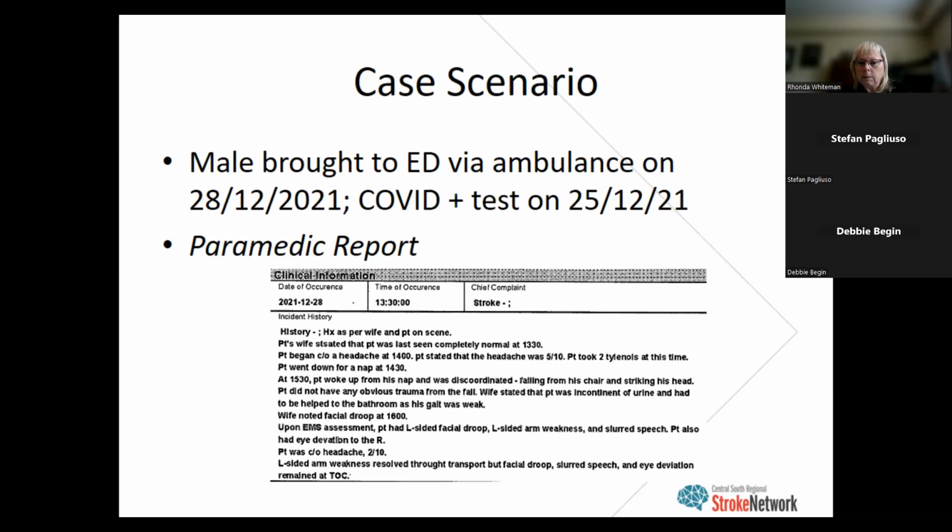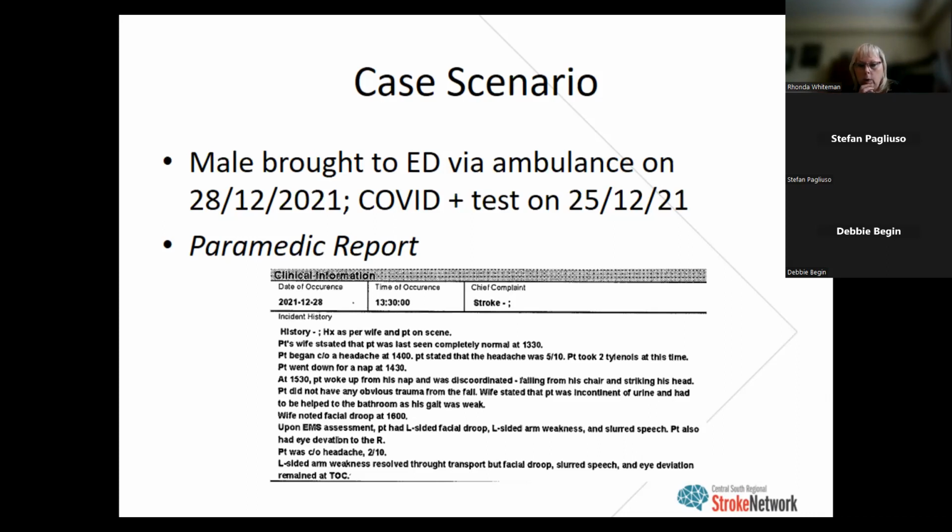The wife states the patient was incontinent of urine and had to be helped to the bathroom because his gait was weak. He had facial droop at 1600. When the paramedics arrived, he had left-sided facial droop, left arm weakness, slurred speech, and right eye deviation. He had a headache of 2 out of 10.